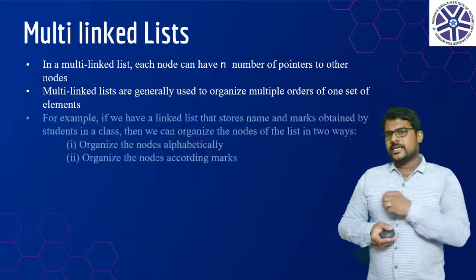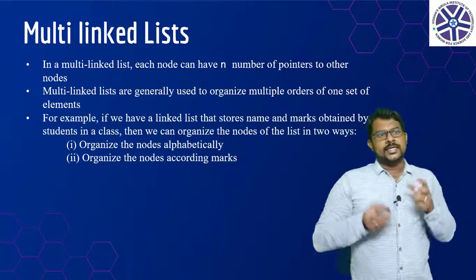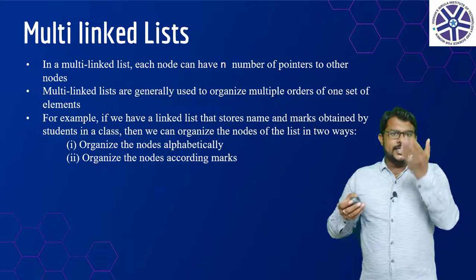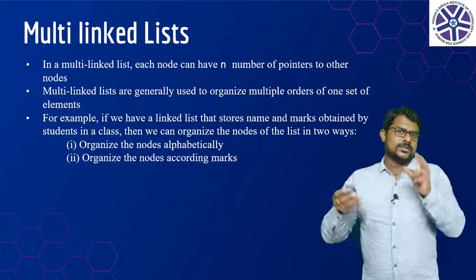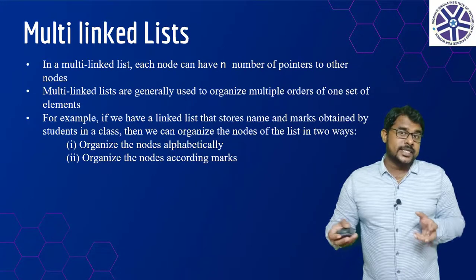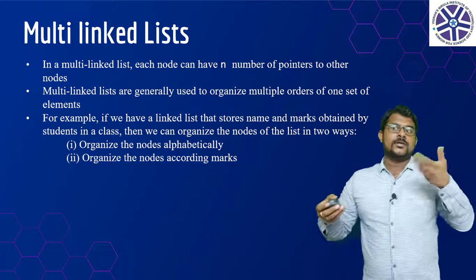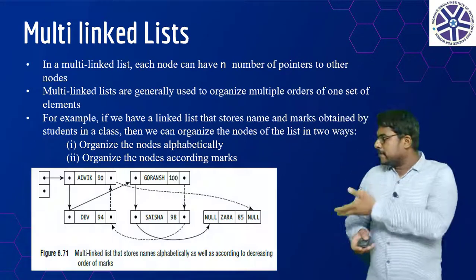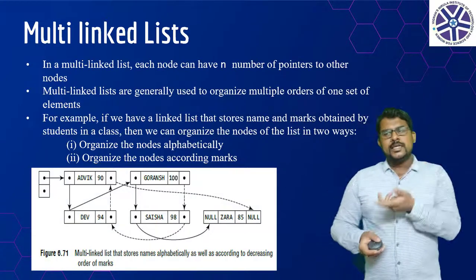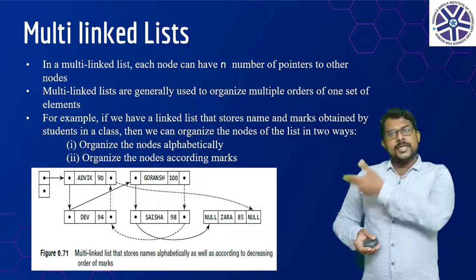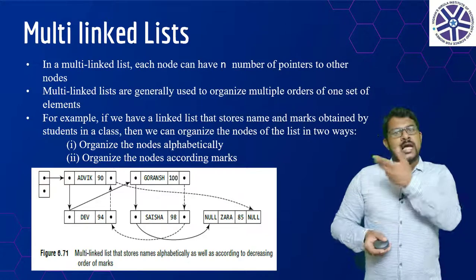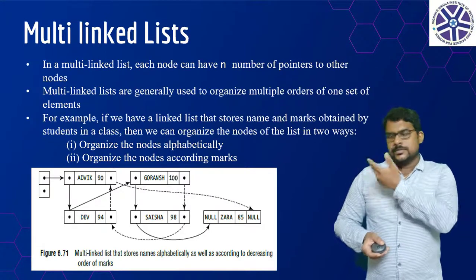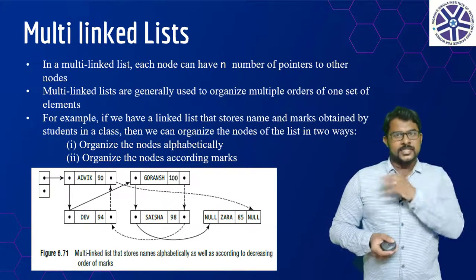For example, if you take a student data set, every student contains a name and marks. The same data can be represented in 2 ways. One linked list can be traversed in alphabetical order, according to their names in ascending order.